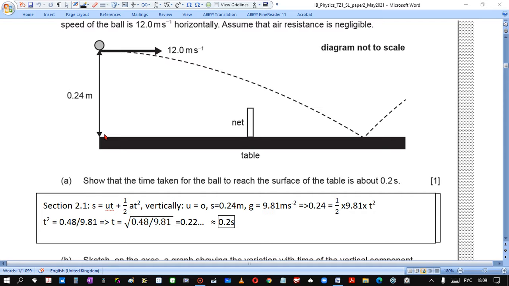Vertically down, we have acceleration positive, initial velocity vertically is 0, s equals height equals 0.24, g equals 9.81. We put this data into the formula, rewrite it for t squared, then take the square root of both sides, and round to one significant figure as they want. So we get 0.22 and so on, but we round to 0.2 seconds.